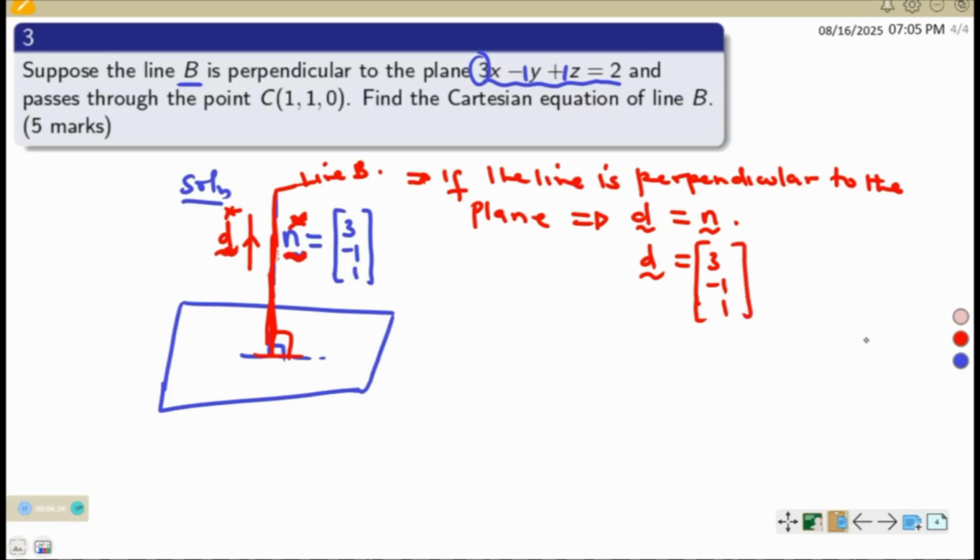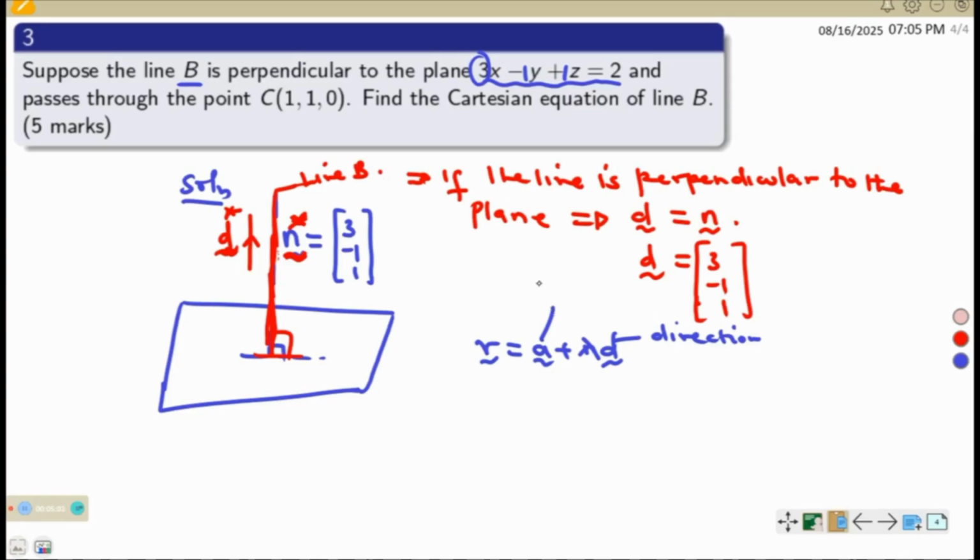But we know the general equation of the line. The general equation of the line is given as R, which is equal to A plus lambda D, where this D here represents what we call the direction vector, and this A is a point where the line passes.